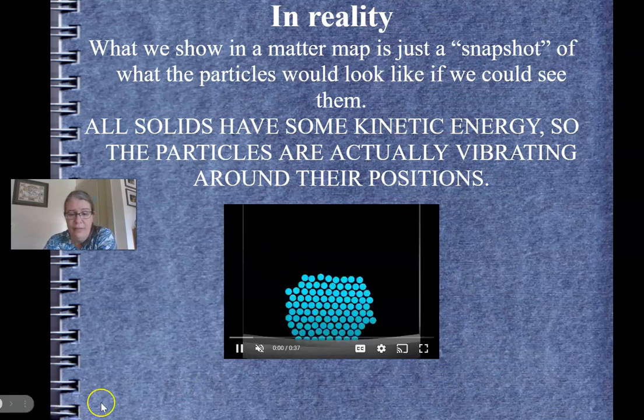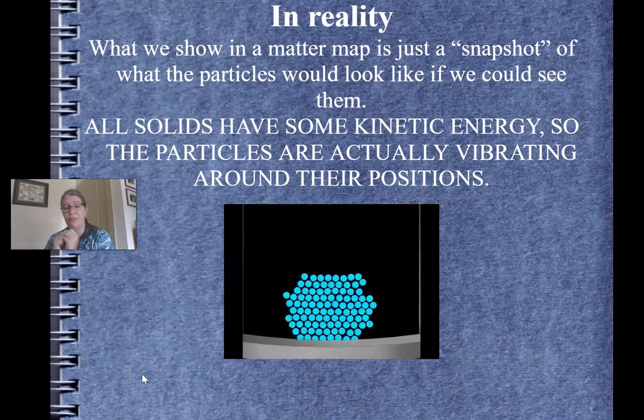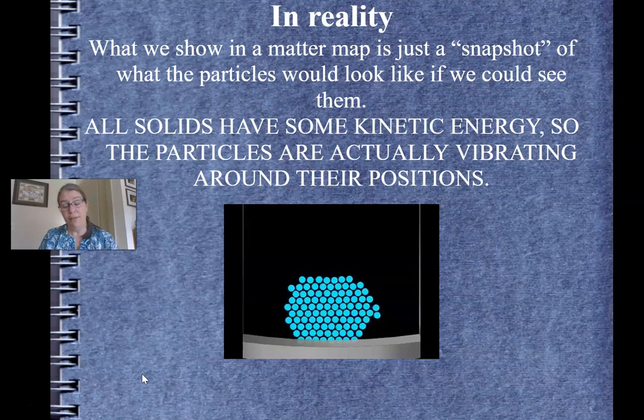If I think about my little video here, this would really be more what a solid would look like. You can see all of these particles are just vibrating near each other. So this is a little audience participation break. You take your hands, you put them next to each other so they're nice and close together and touching, and then you vibrate them back and forth. And now you have a little tiny reminder of what's going on in a solid.